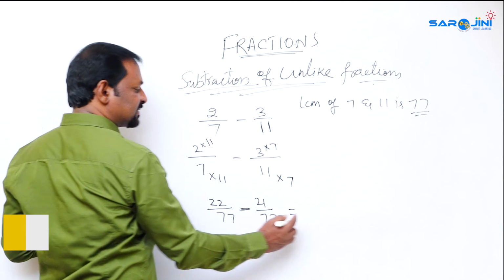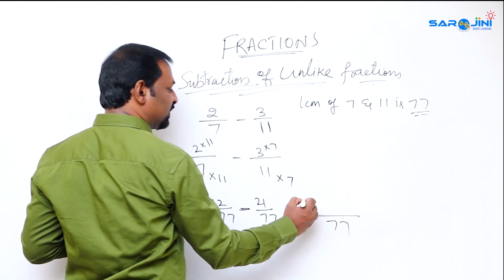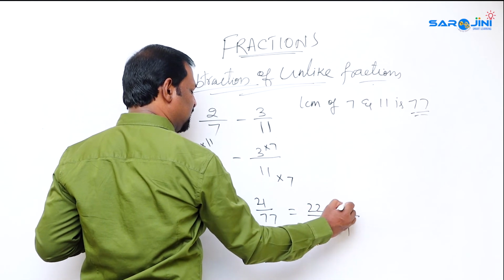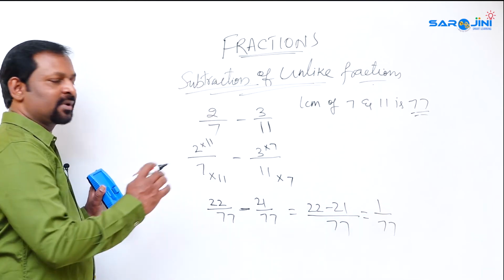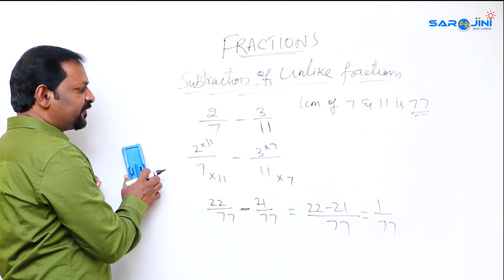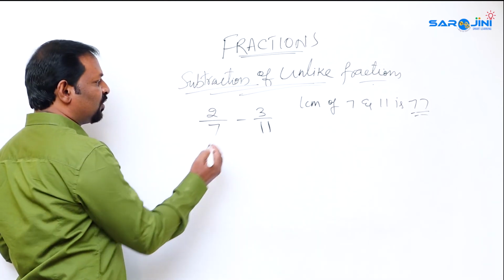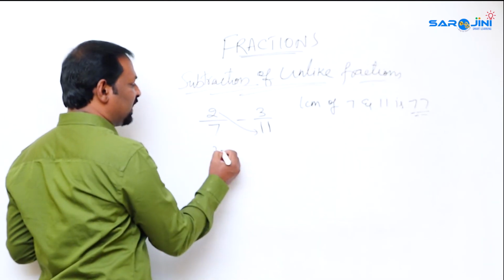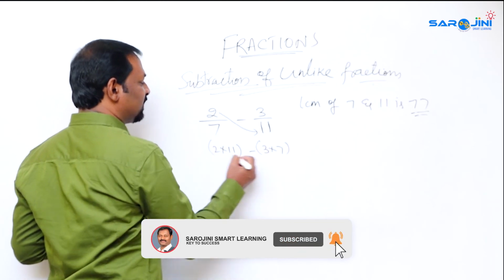The denominators are same, 77. 22 minus 21, which is equal to 1 by 77. So this is one answer in LCM format. Suppose you don't want to take the LCM format, then if you go with the other method, cross multiplication: 2 into 11 minus 3 into 7.